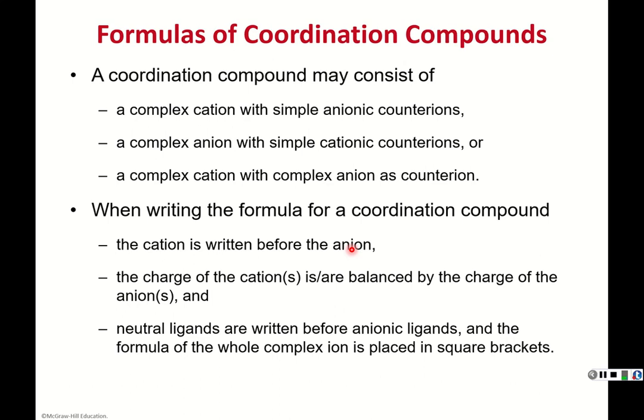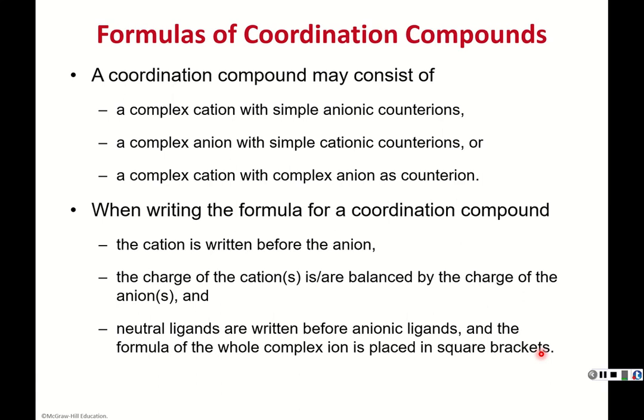The charge of the cation is balanced by the charge of the anion. So the charges are always balanced in these compounds. Neutral ligands are written before anionic ligands, and the formula of the whole complex ion is placed in square brackets. We've mainly seen examples where the same ligand is bound to the metal cation, but you can have a case where you have multiple different ligands around a metal cation.